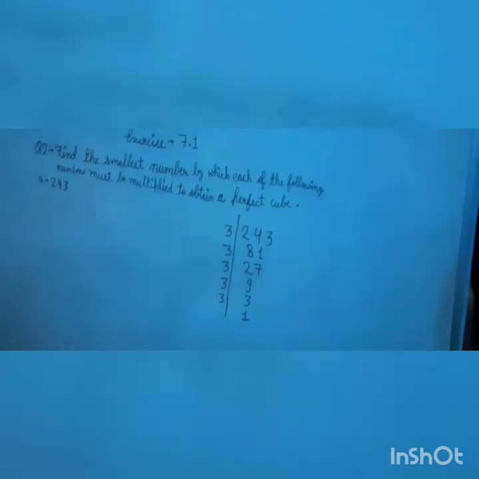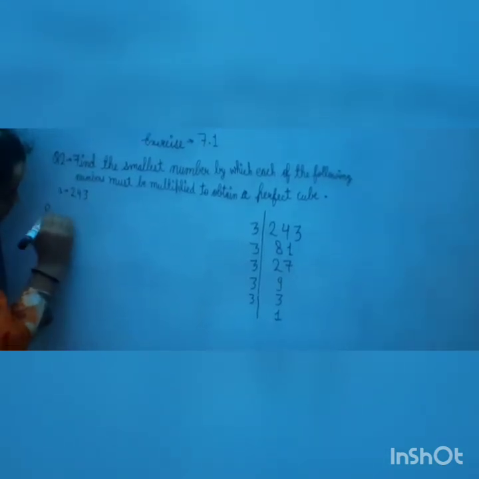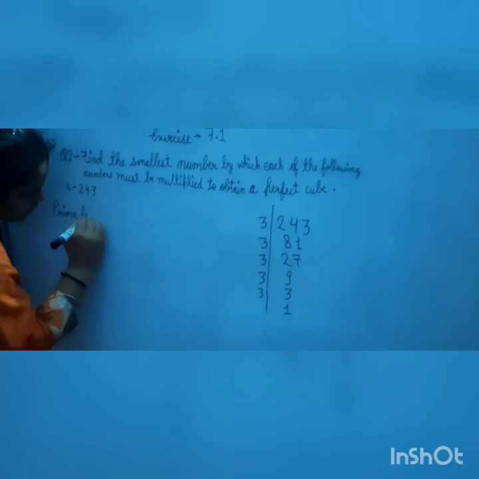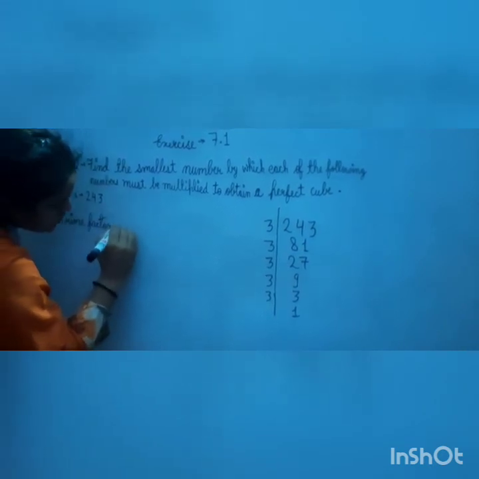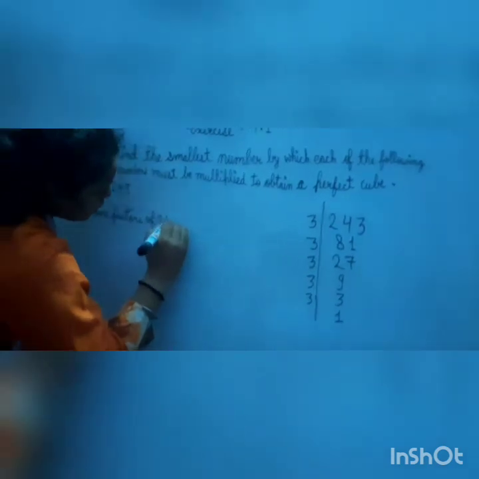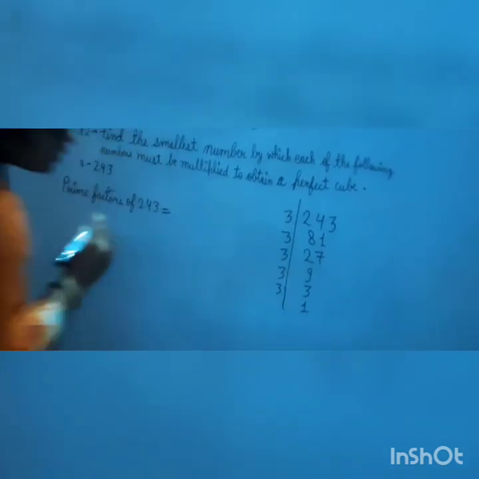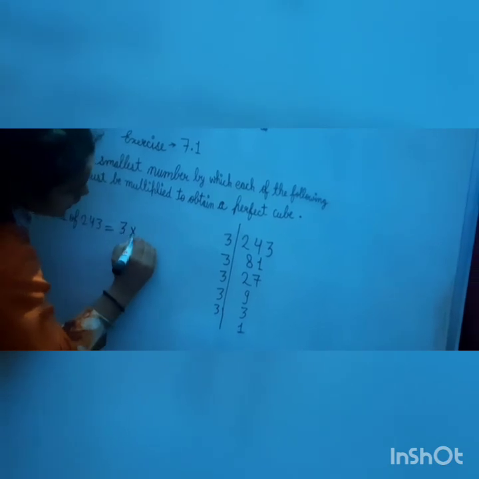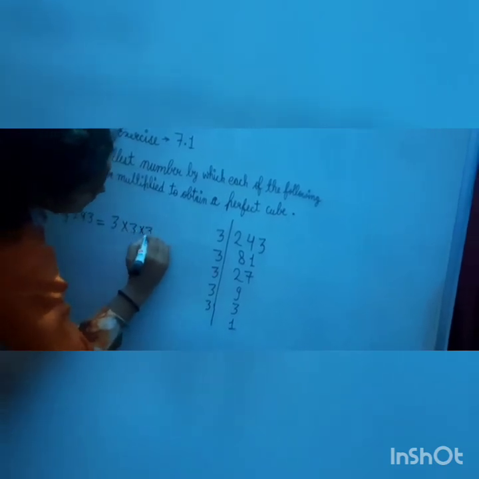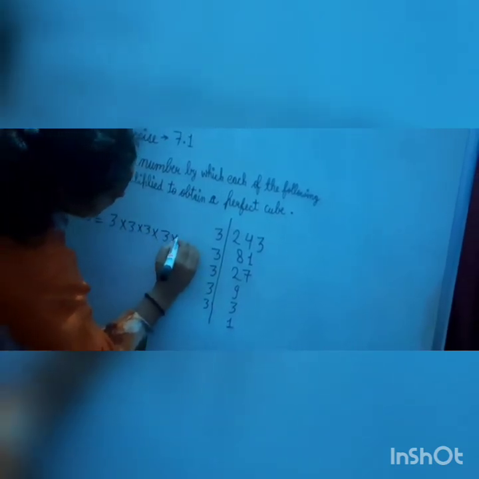Okay, now you will write prime factors of 243 is equal to 3 multiply 3 multiply 3 multiply 3 multiply 3.